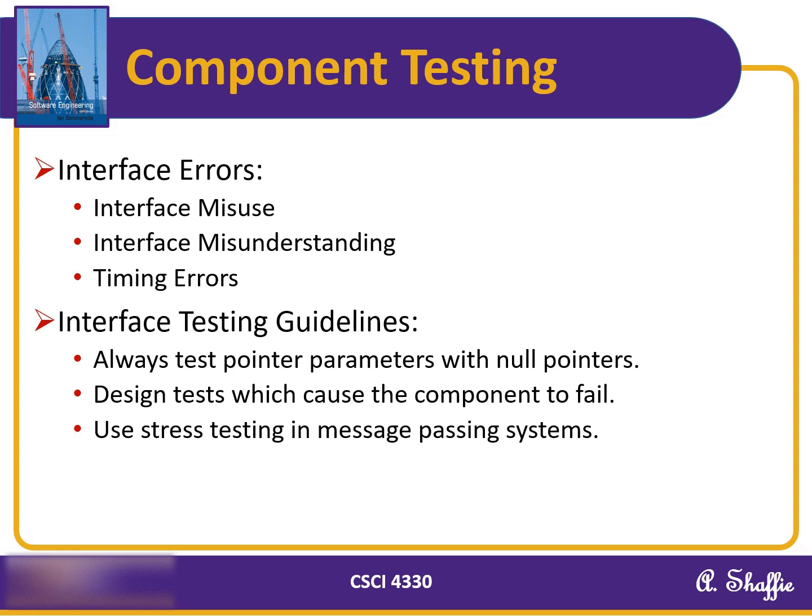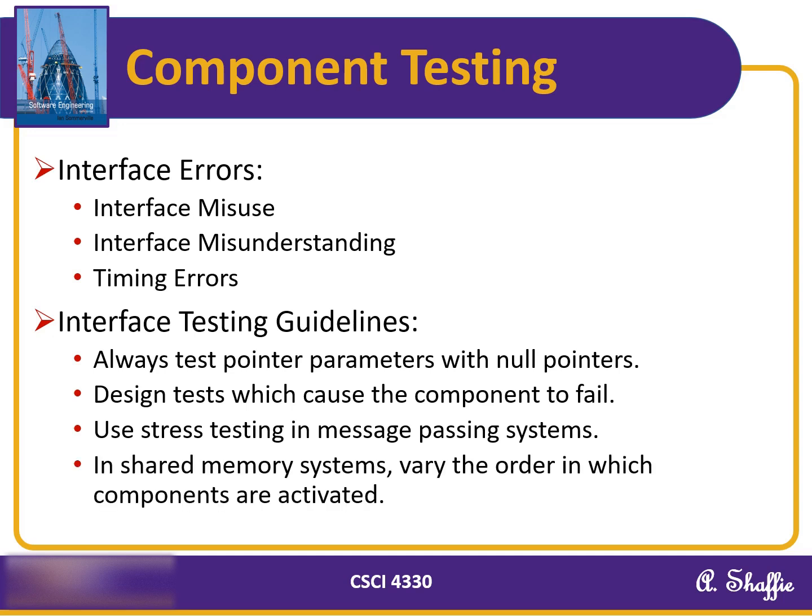In message passing systems, stress test the interface by sending an excessive number of messages to identify timing issues. And finally, for shared memory systems, test different activation orders of the components to uncover hidden assumptions about data production and data consumption. By following these guidelines, we can identify and address errors that might happen with interfaces during the component testing.